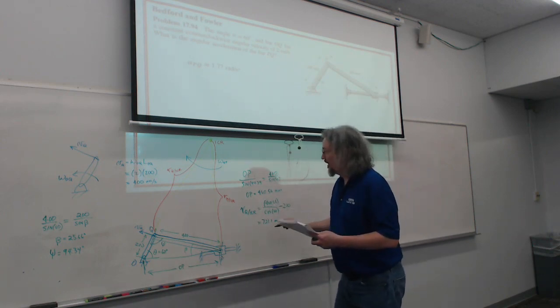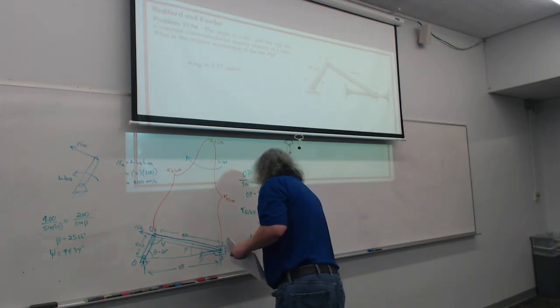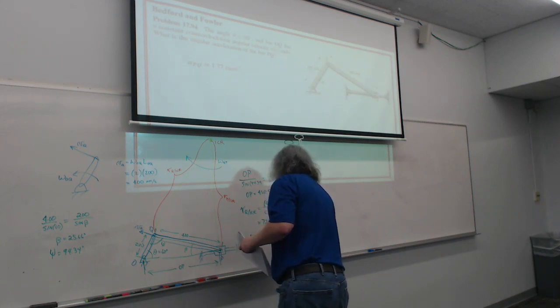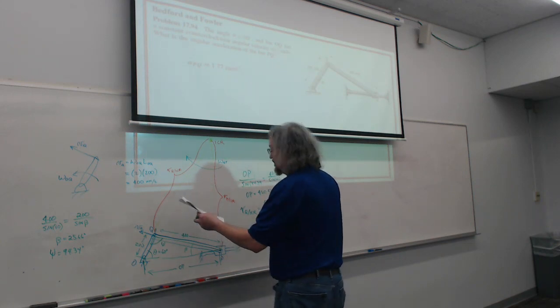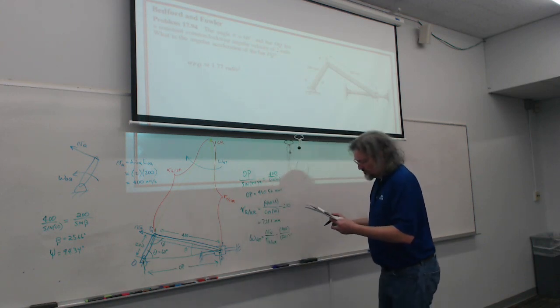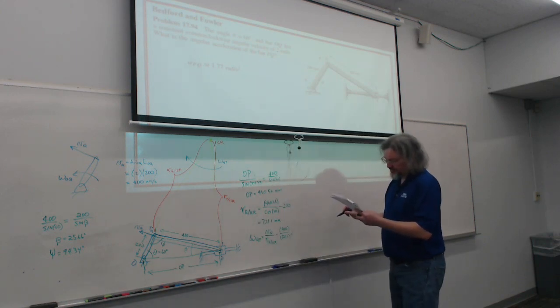And then for my omega QP, it's going to be my velocity at Q divided by that RQ with respect to ICR, and that ends up being 400 divided by 721.1. And where'd you go, buddy?